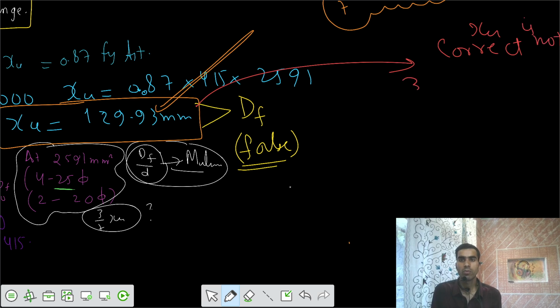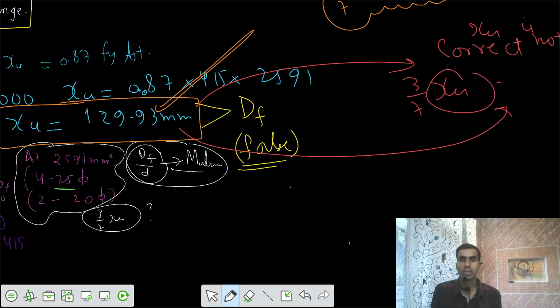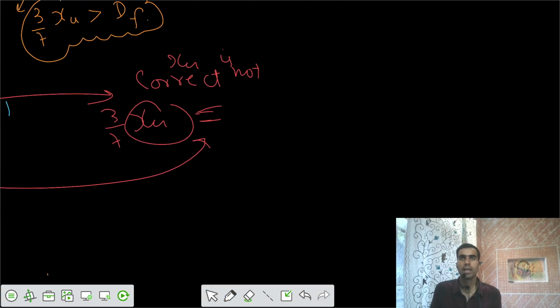But still, if I solve for 3/7 of xu with this value, it might help me get a guess of the actual location of the neutral axis. Let's see how I'm going to use this value of xu. It is not correct, but still it might help me save time in calculations.